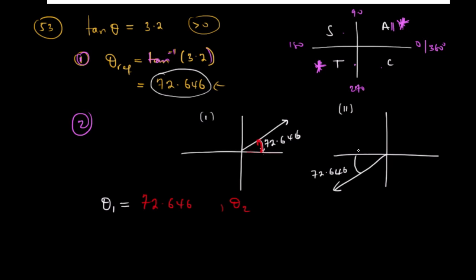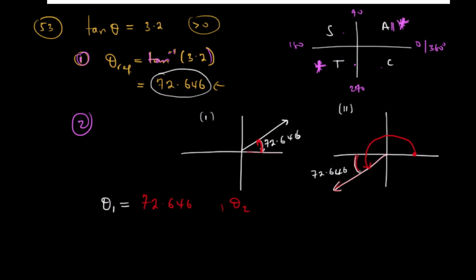Now for the second case, how do we get the original angle? For you to have obtained this line, you must have started from the positive x-axis, because we said the original angle starts from the positive x-axis and then you go until you get to the original angle. So this is the original angle.